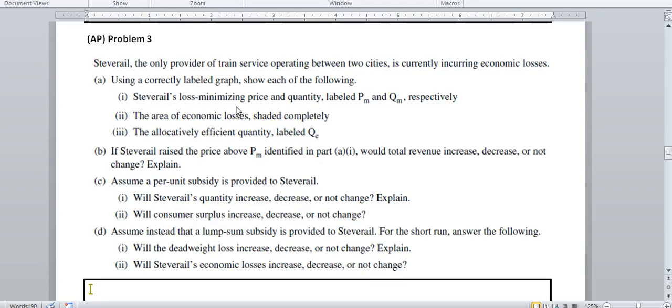You should already know the area of the economic loss, which is the area above price and below average total cost, and then where the allocatively efficient point is, and that's going to be where price equals marginal cost. Okay, so let's draw a graph.